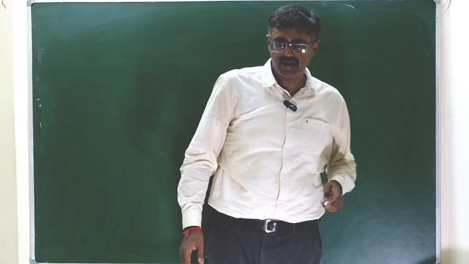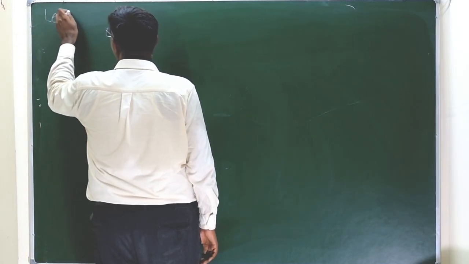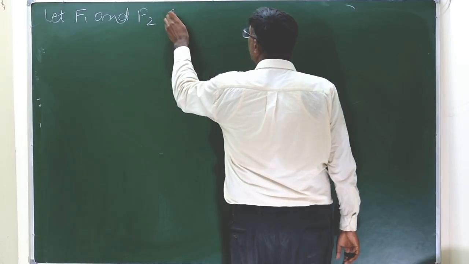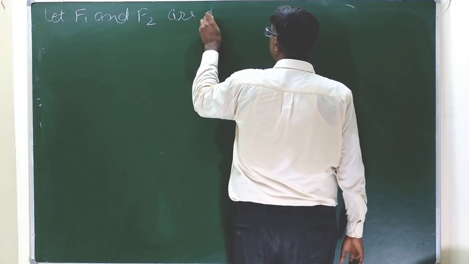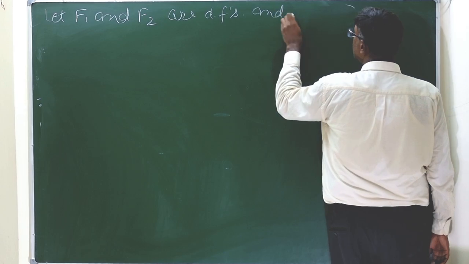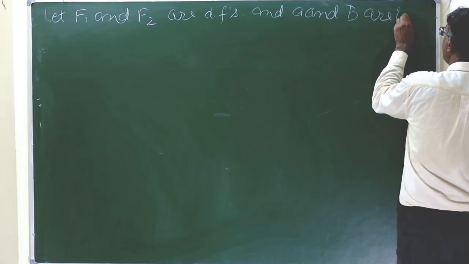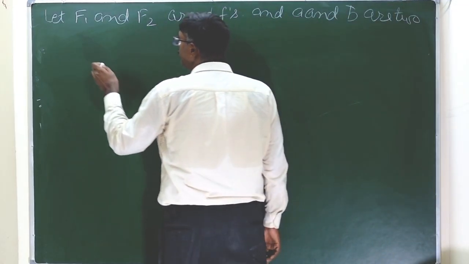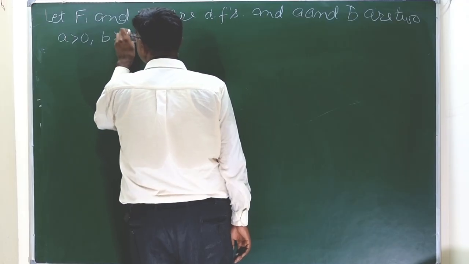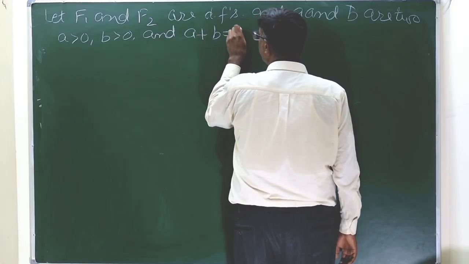So in this example, we are given a combination of f of x. Let f1 and f2 be distribution functions, and a and b are two positive constants such that a is greater than 0, b is greater than 0, and a plus b is 1.